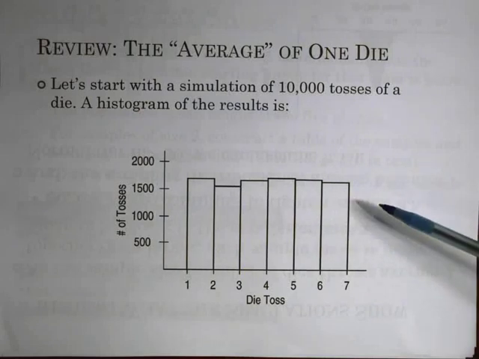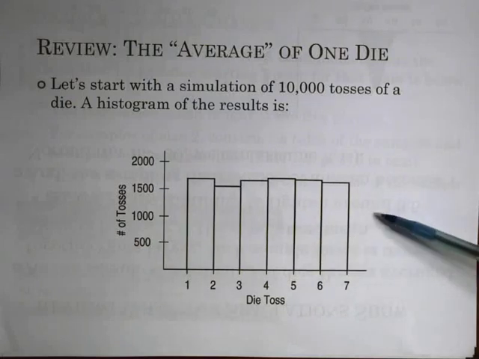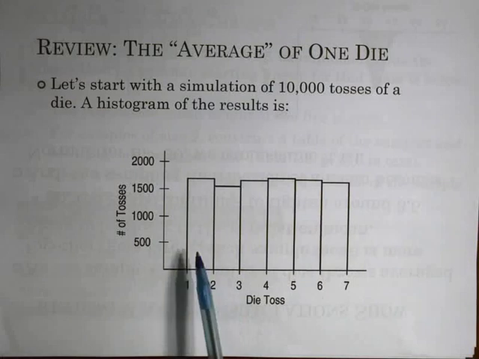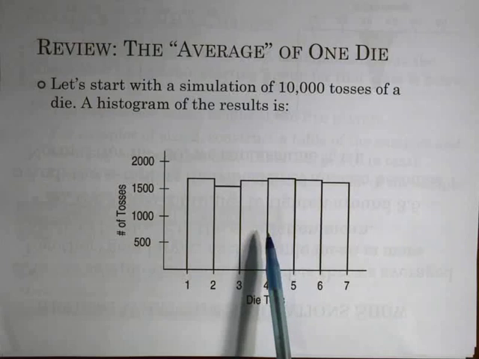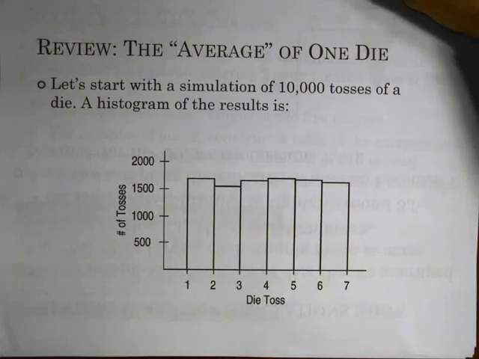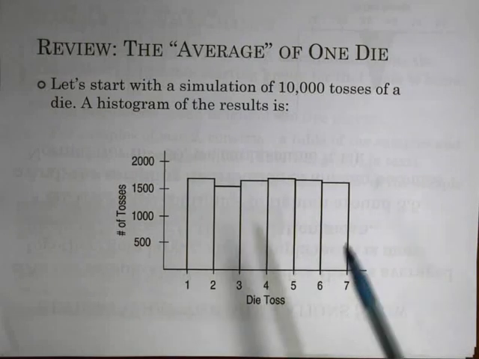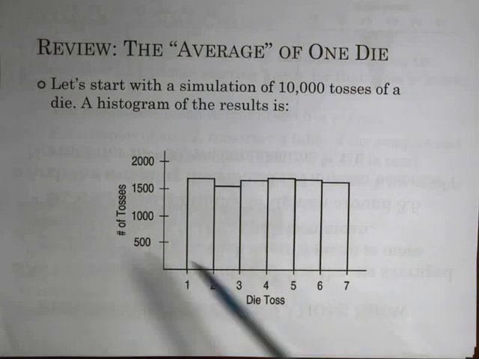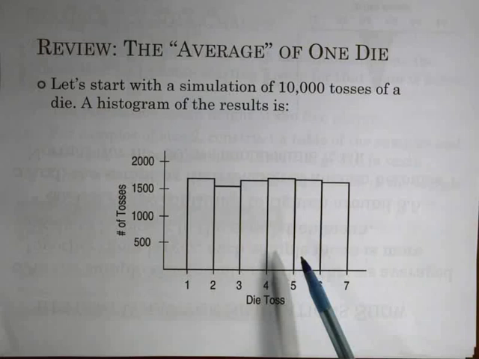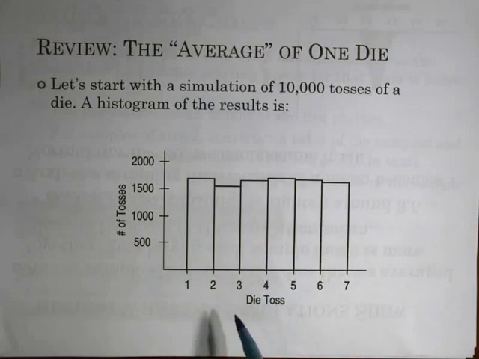And the question that we considered in class is, what is the average roll that you get when you roll a die? It's somewhere between 1 and 7, and it's actually 3.5. So on average, if you roll a die a whole bunch of different times and you average together all of them, so one time you roll a 1, and then a 3, and then a 6, and then a 5, and then a 4, and then a 3, and you keep going, eventually you average all those numbers together, you'll get a number somewhere between 3 and 4.